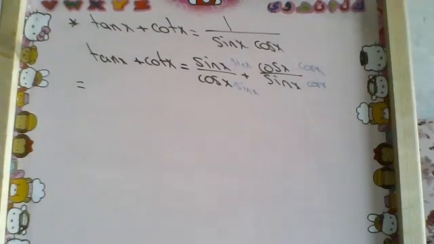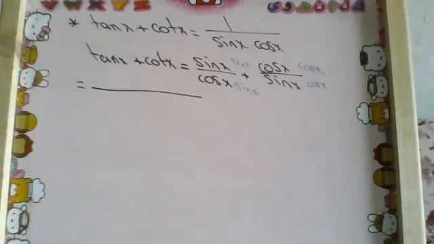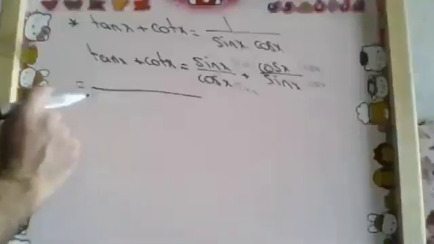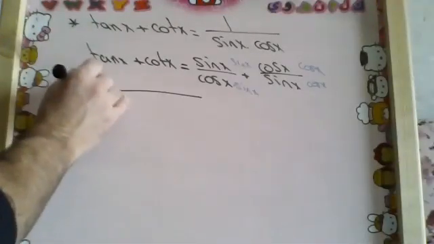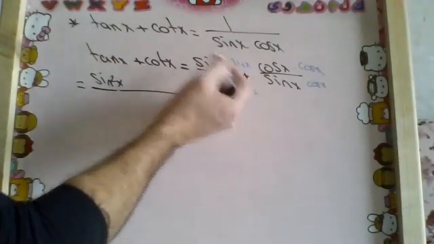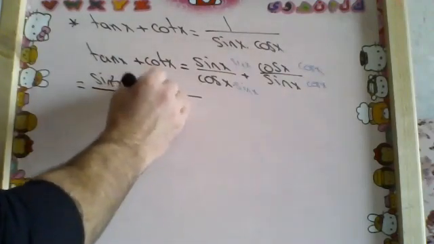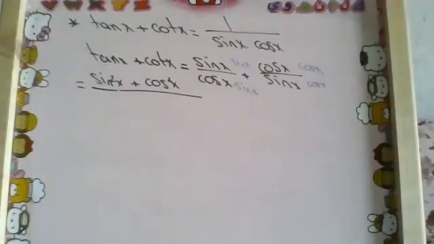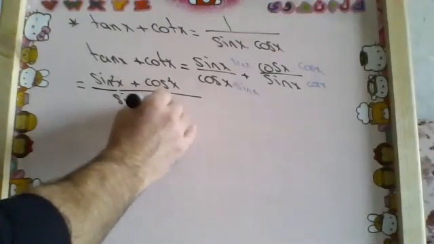So it is sin x times sin x, which is sine squared x, plus cosine squared x, over sin x times cosine x.